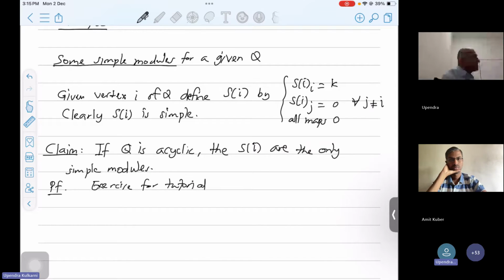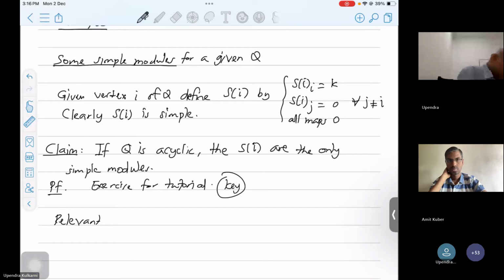But let's make some relevant noises over here. So here is the key question. Suppose I give you a simple module, let us say V. This V is supposed to be one of the SIs.